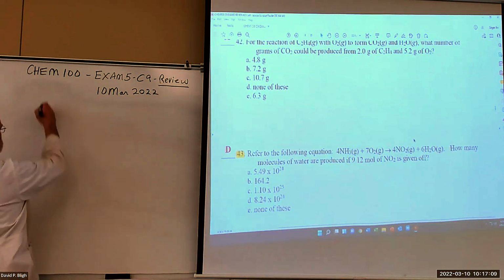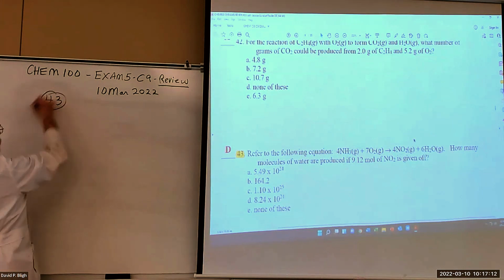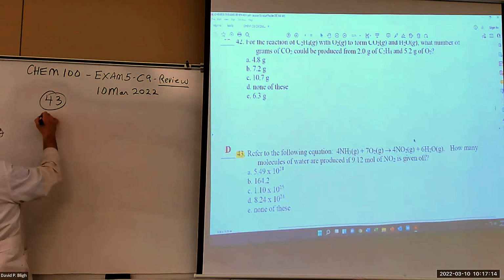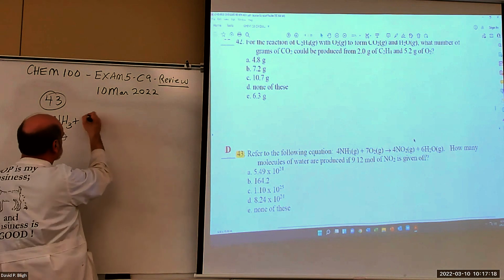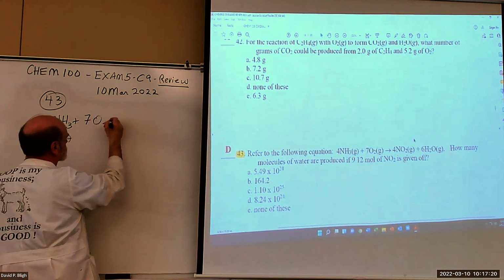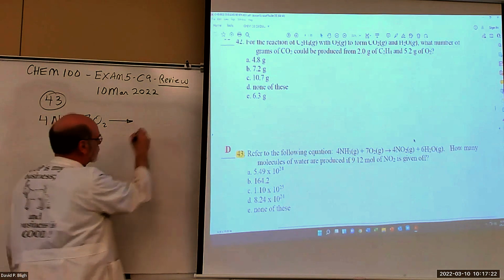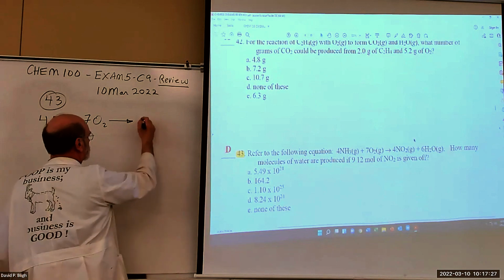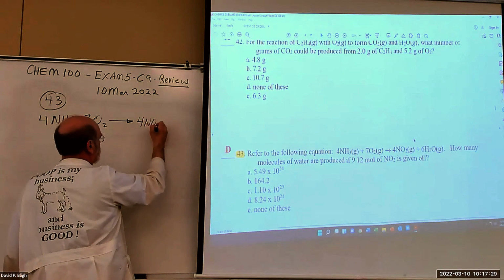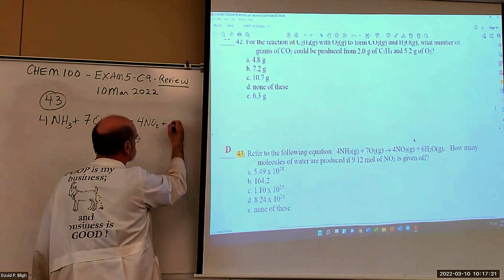It's like we're working back. They're getting easier. So we have 4 ammonias, 7 oxygens, 4 nitrogen dioxide, and 6 water.